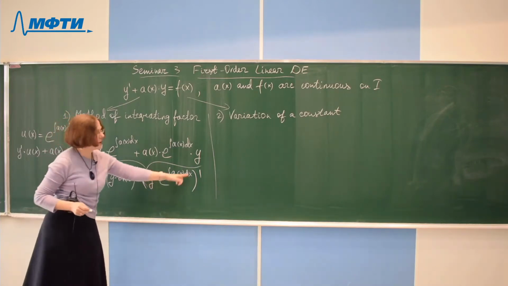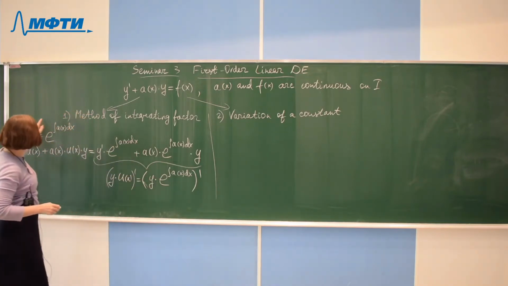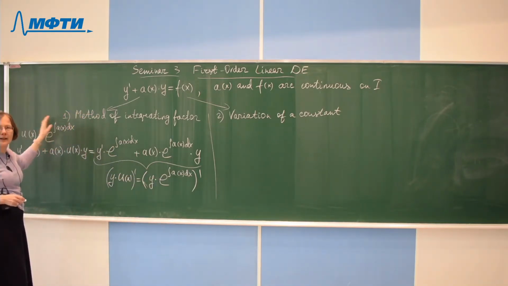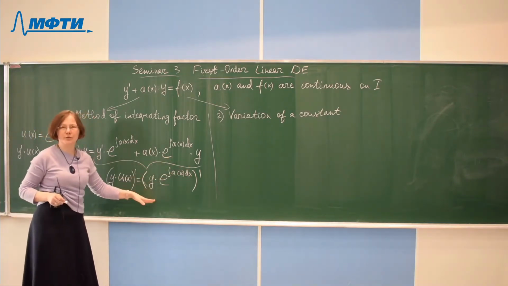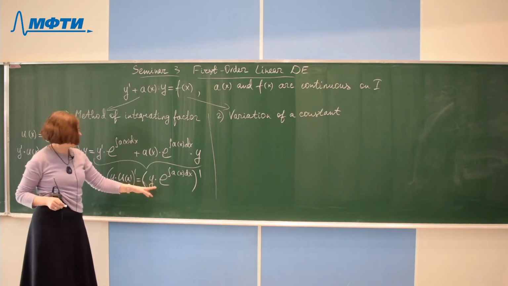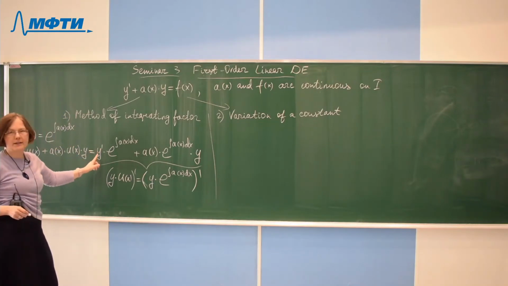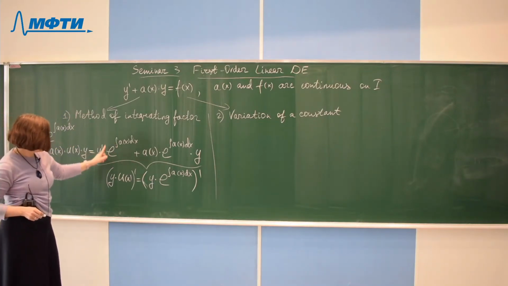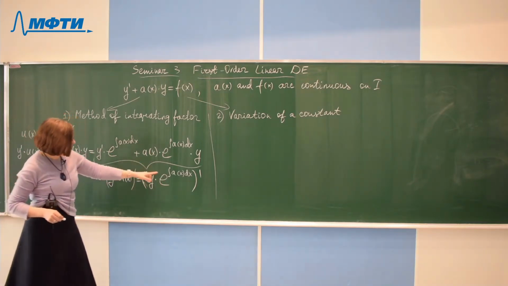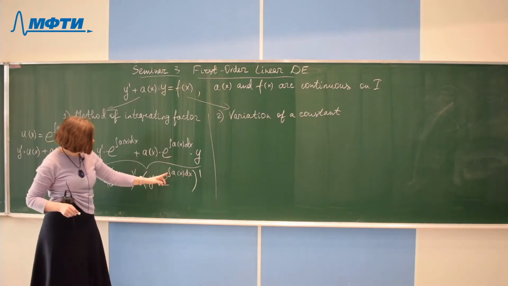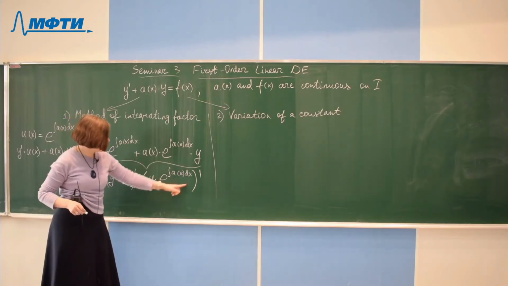Okay, so let's differentiate this. So we form this function. It can be computed easily, right? Then multiply y by this factor, and let's find the derivative of it. This is the derivative of the product. First, we differentiate the first factor. It is y prime times this coefficient u plus, and next y is left unchanged, and we differentiate this factor.